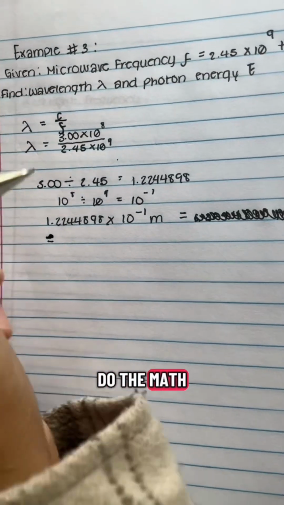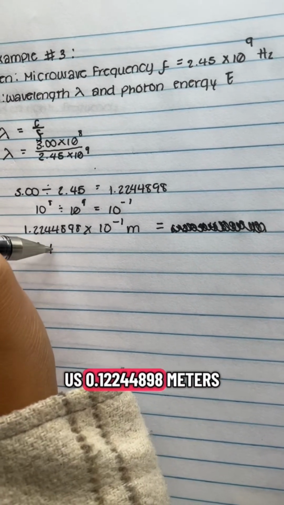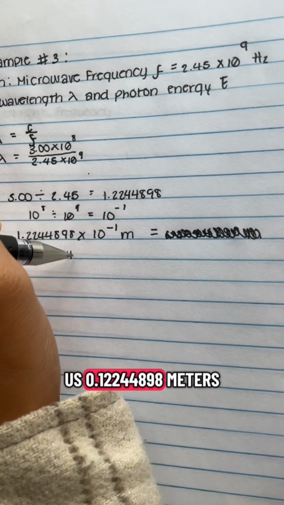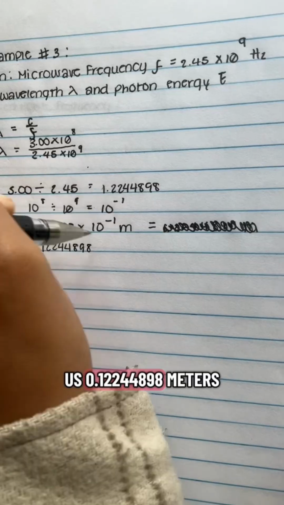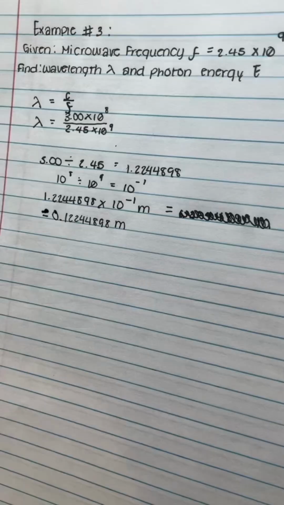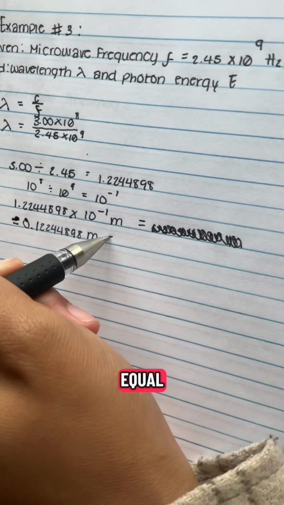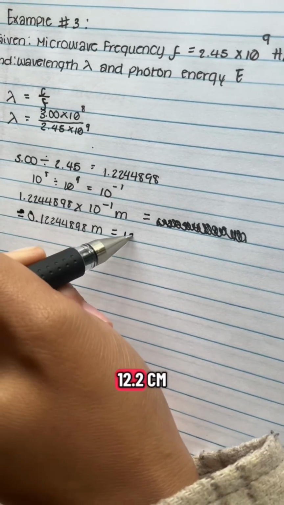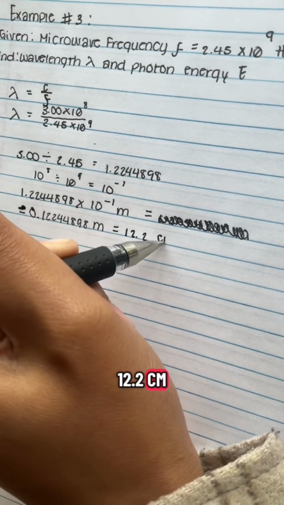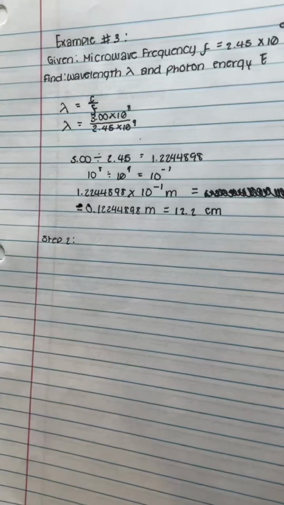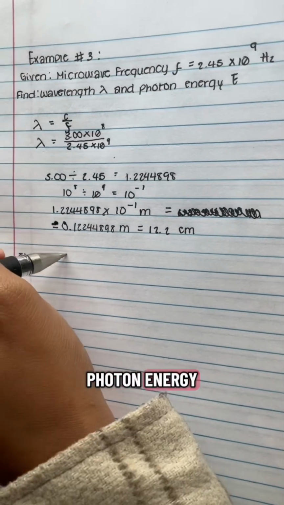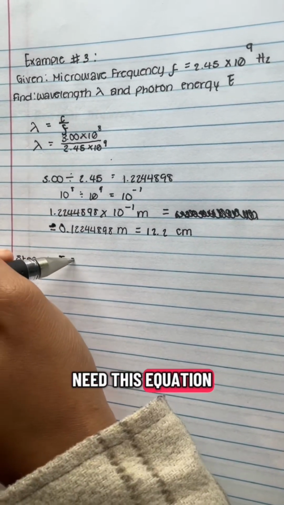Now if we do the math, that'll give us 0.122448898 meters, which can also equal 12.2 centimeters. Now to find photon energy, we're going to need this equation.